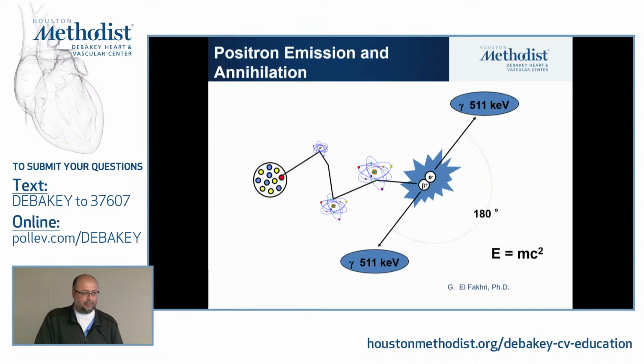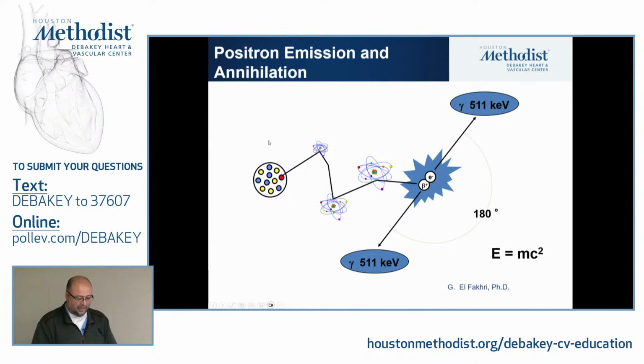All right, so we talked about the annihilation and the 2 photons. The other characteristic which is very important for you to understand, and which has a clinical implication, is something called the positron range. When we inject the radio tracer, it goes in the capillaries, and then it goes to the cell and annihilates.